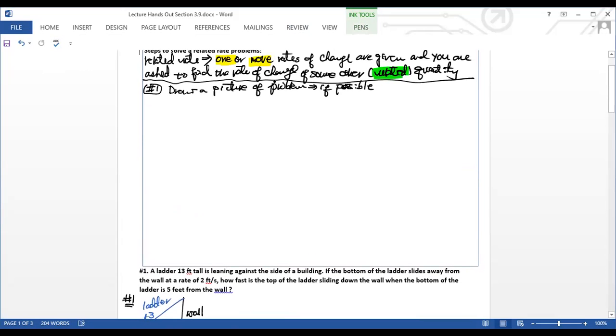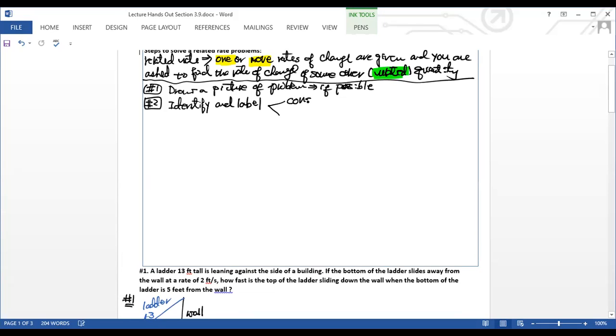Now let's take a look at the second step. After you draw the picture, you want to identify and label two things.